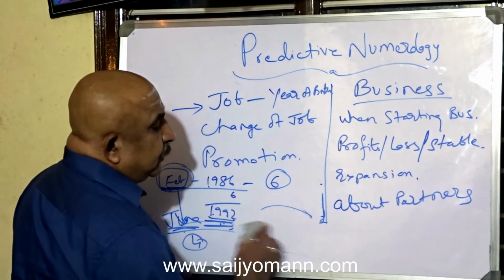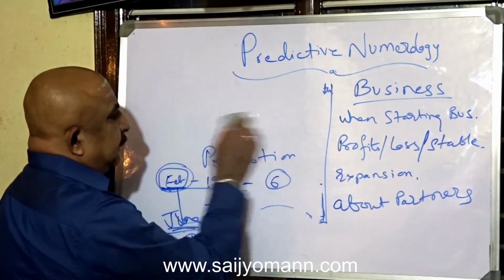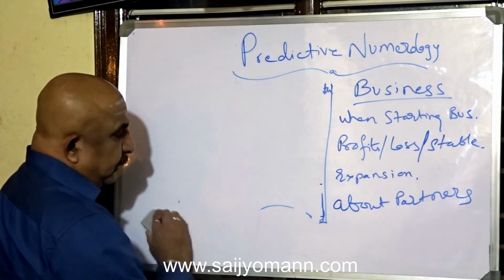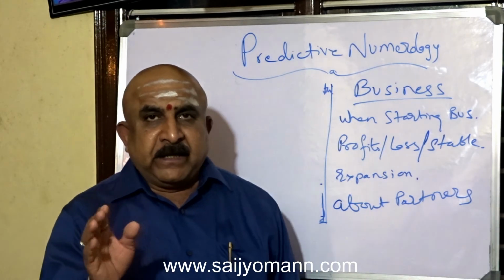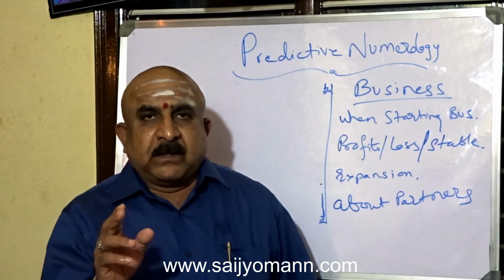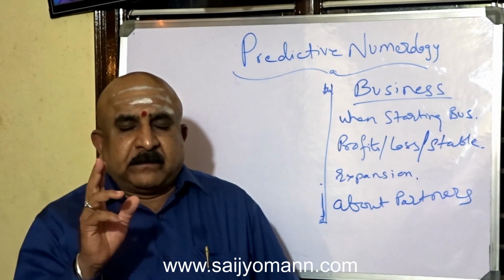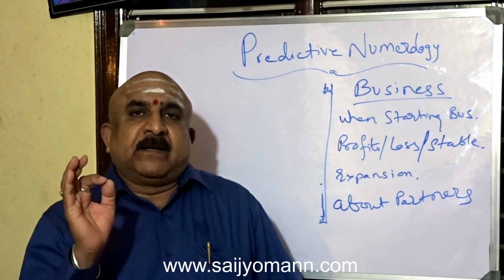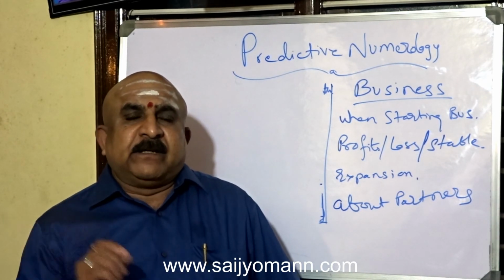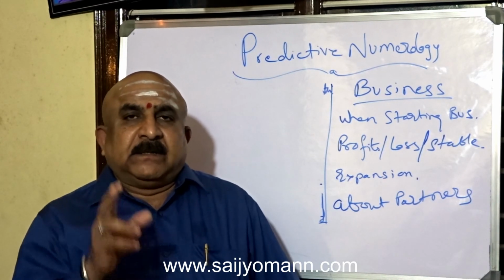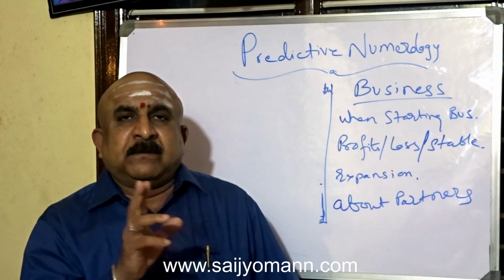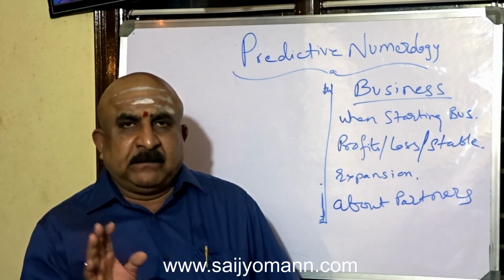Now we will go back to the business. So any job, again I will repeat, is got from the year of birth, the year of stability, that is the age, year of job. The month also from the month of birth. Clear?